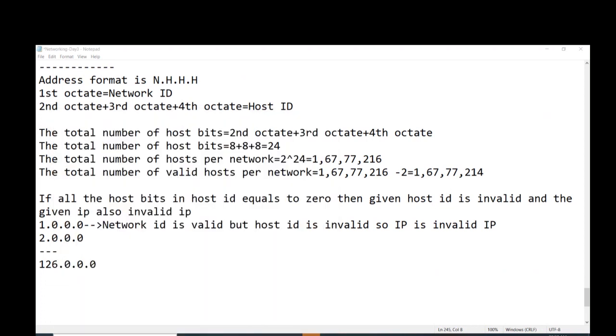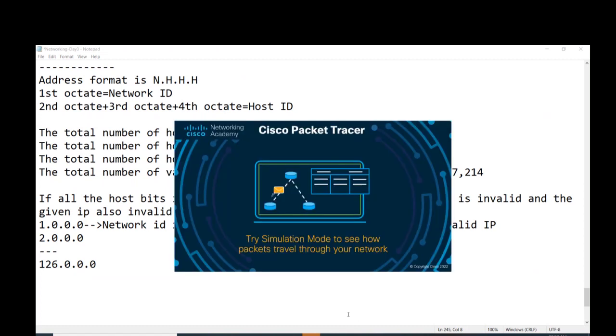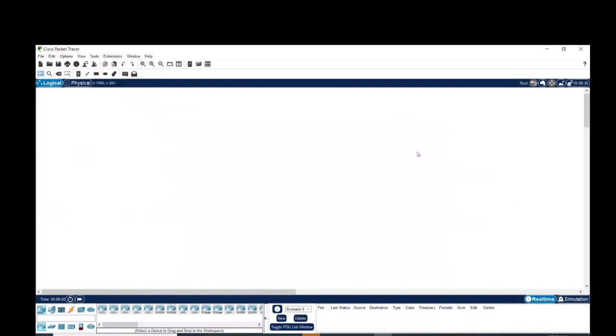Here, a switch and a PC. Just for the connection, I can take only one PC and test it right now.